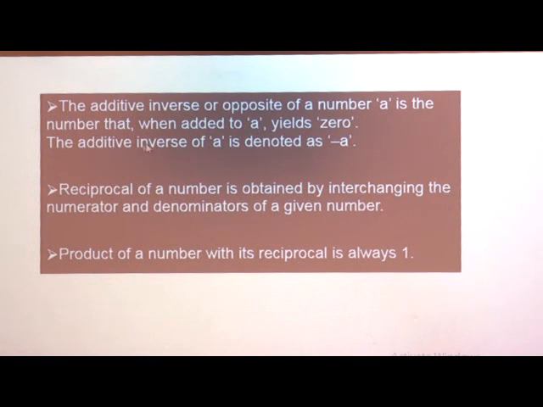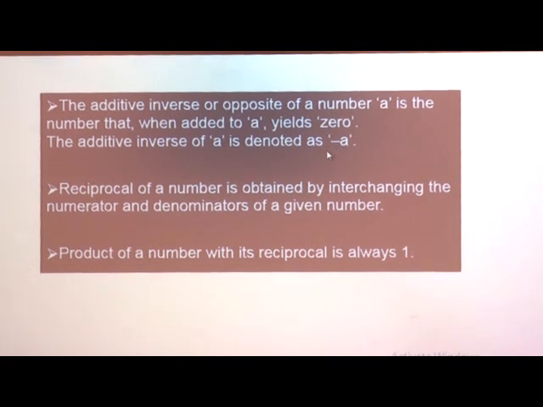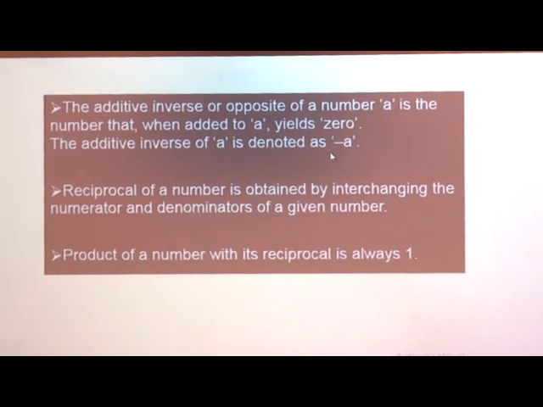The additive inverse of A is denoted as minus A. We have seen the example also, where a positive A and a negative A yield 0, meaning the positive and negative integers with the same number get cancelled and yield 0.